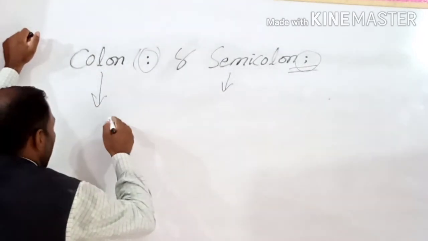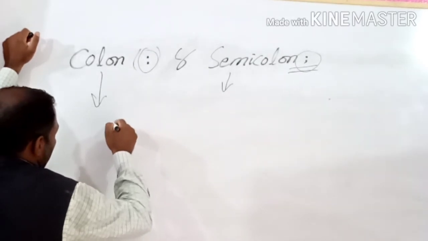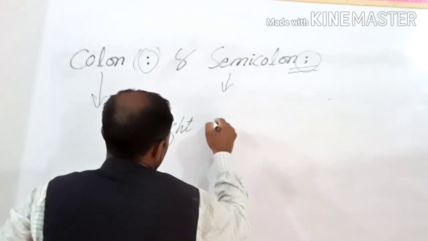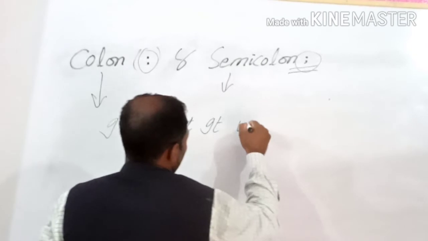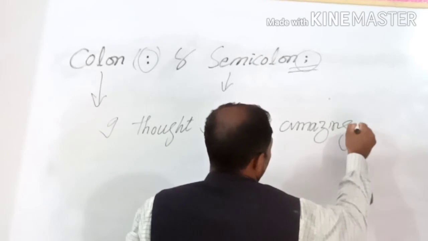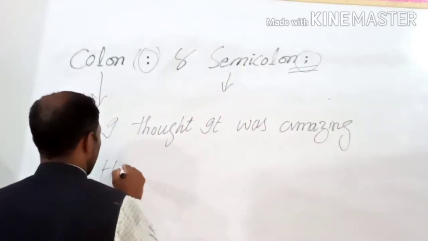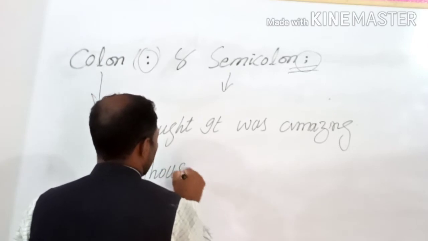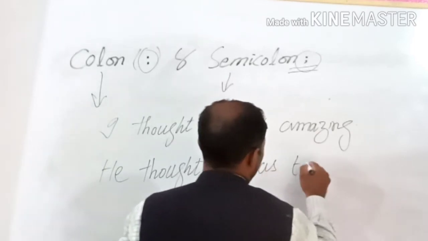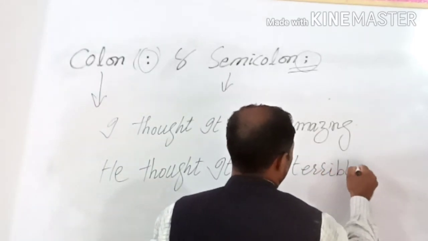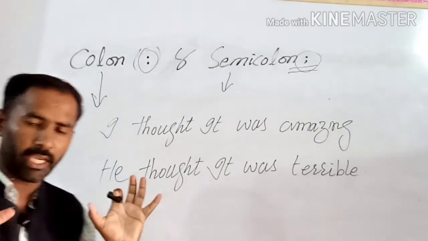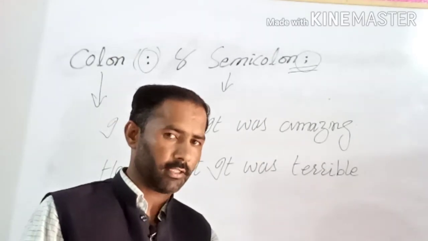How? Let's see. I thought it was amazing. He thought it was terrible. If we want to connect these two sentences, we can connect them by using but, that is a conjunction.